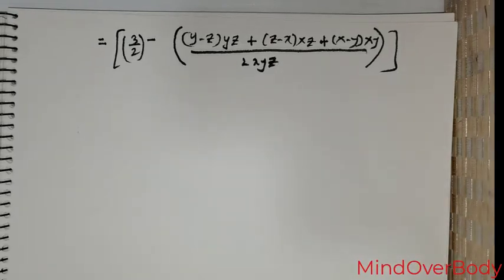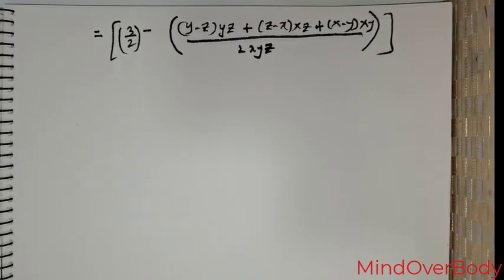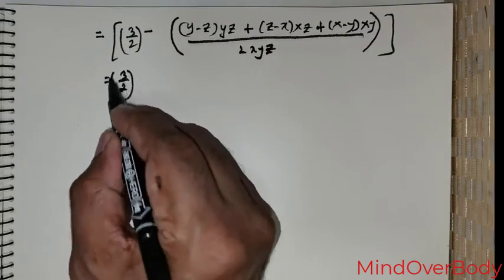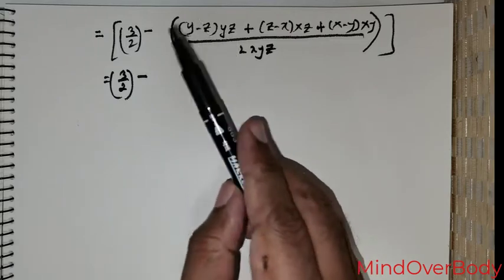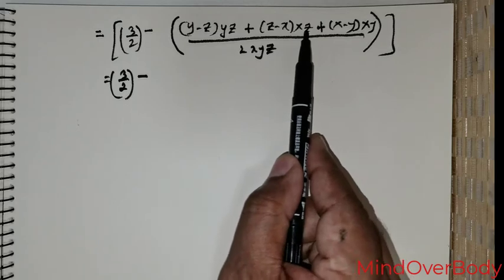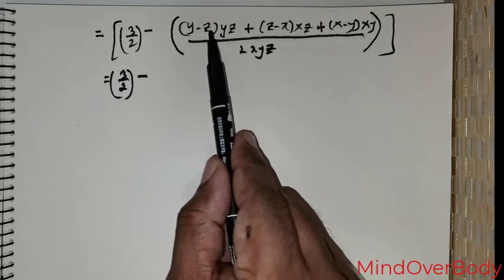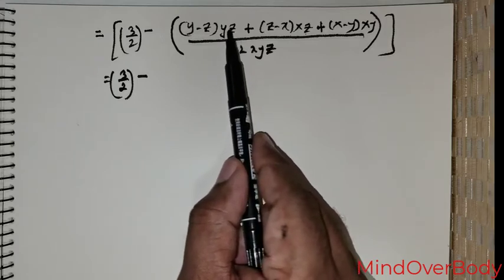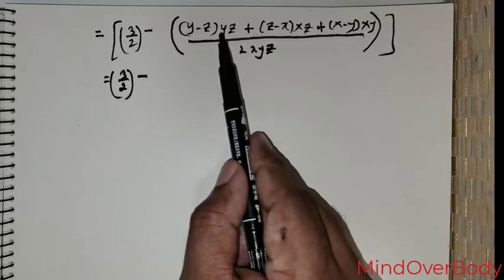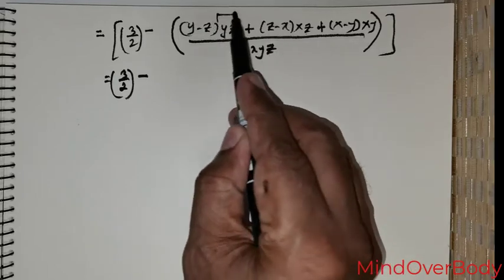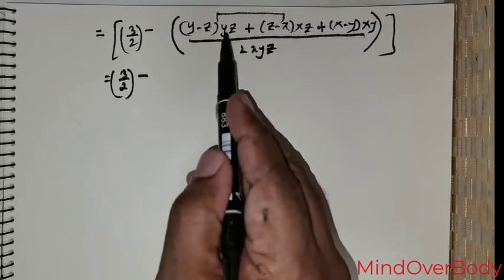So this has to be simplified. Now what I wish to do is, probably I will write this 3 over 2, and then I would like to take, say I got a y negative z with the yz. Of course you can use distributive property to literally multiply everything, but what I would do is I would like to choose these two things together and then take a z out.